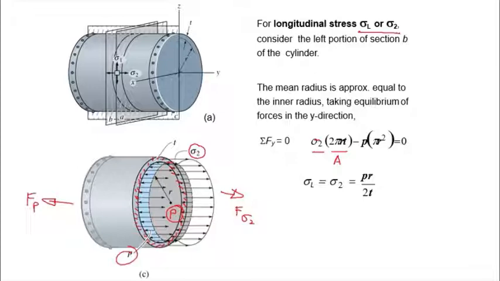2 pi r is the length of the circumference of the inner radius, and you just multiply by the thickness to get the area. Now, some of you might be wondering, why can't you just take the outer area, using the outer diameter, and minus the hole in the middle?